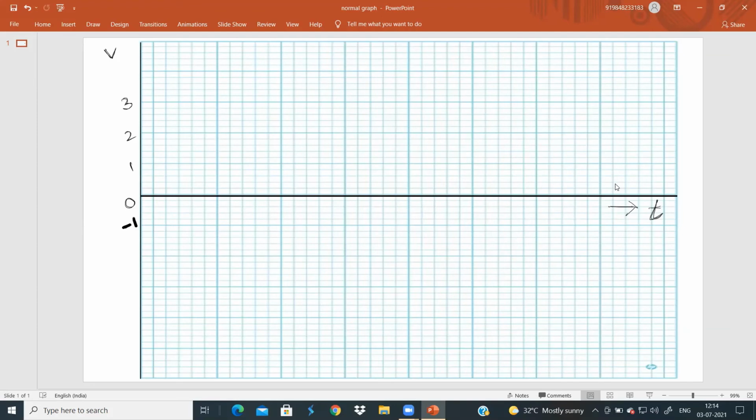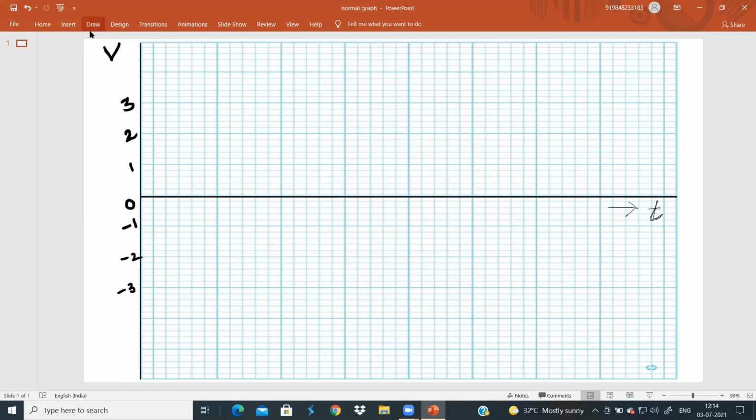So -1, -2, -3. So you have taken voltage on y-axis and time period on x-axis. This is the graph for Hartley oscillator.